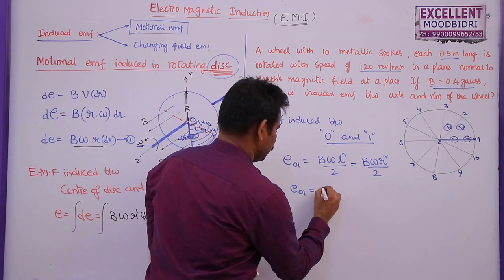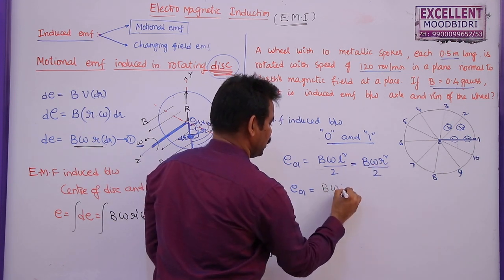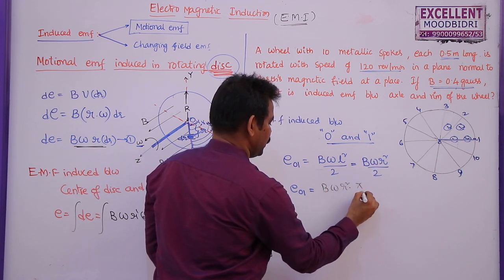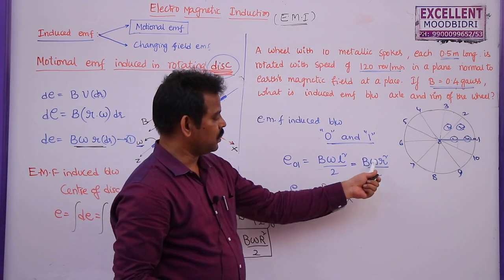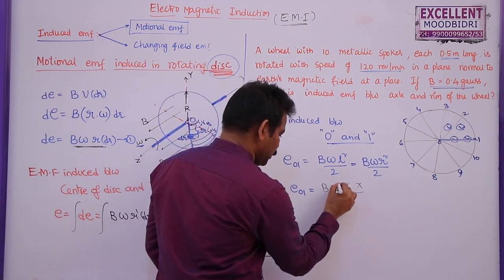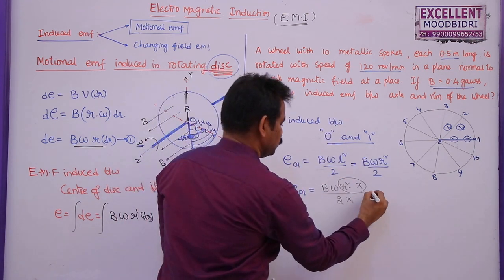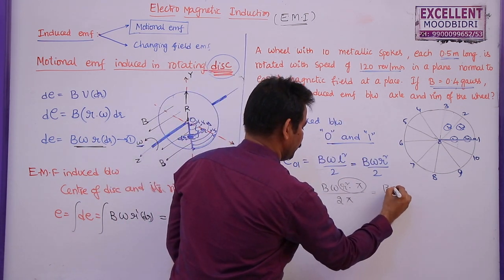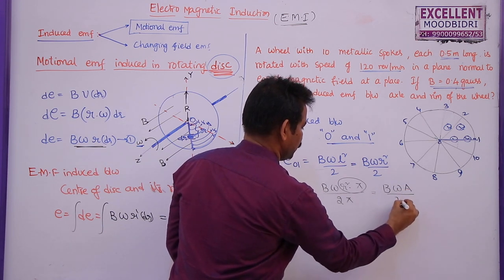So we can write this as B omega, multiply this r square with pi, divided by 2 into pi. So just multiply both numerator and denominator with pi. This can be written as pi r square, which is the area of this wheel. So this is equal to B omega, area of this wheel, by 2 pi.